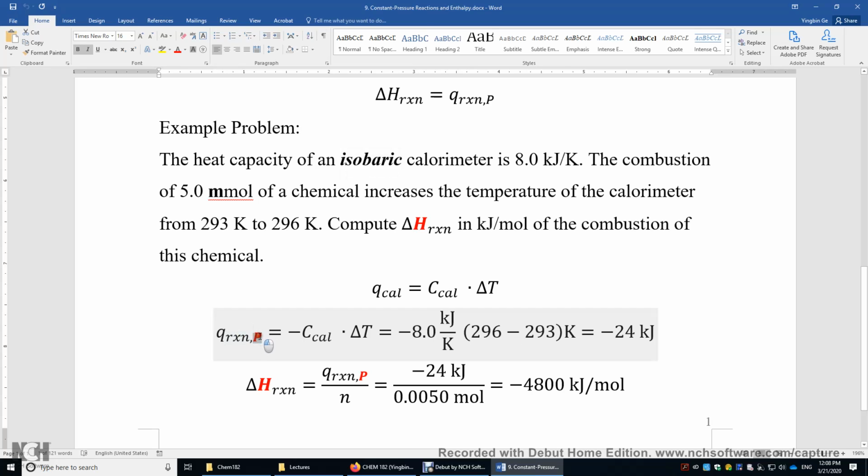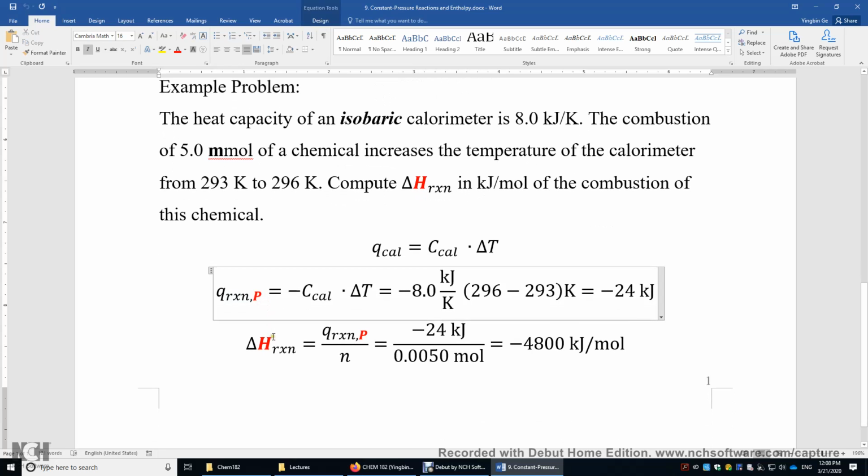And pay attention to this constant pressure condition. And then we have this equation: the enthalpy change of the reaction is equal to the heat flow of the reaction under isobaric condition divided by the number of moles of the chemical. Therefore, we use negative 24 kilojoule divided by 5 millimole. The result is negative 4,800 kilojoule per mole.